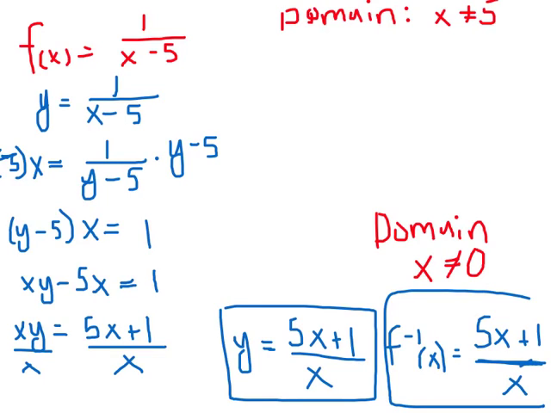So we can figure out what each function's range is based off of knowing the original function's domain and the inverse's domain. So the range of my original function is equal to the domain of my inverse, except that the values are y values when you're dealing with range.